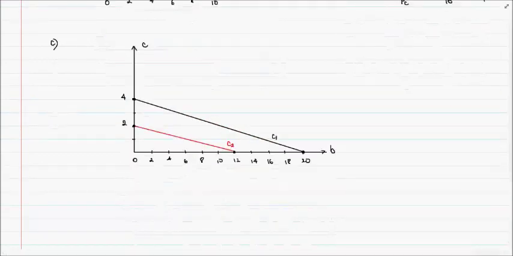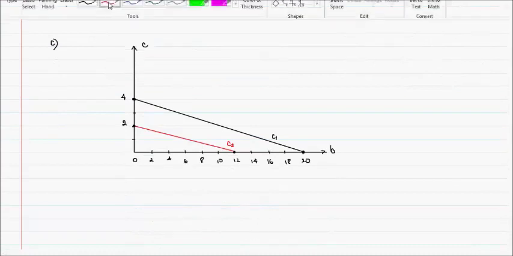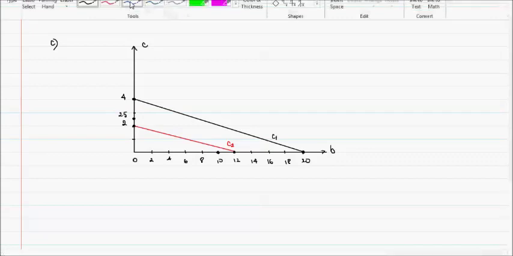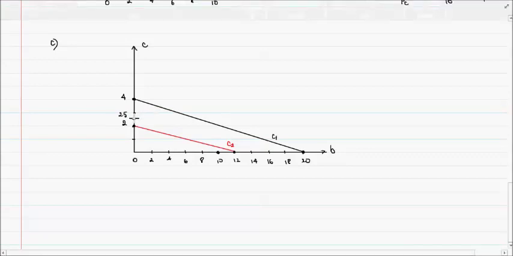So 2.5 is here and 10 is here. Again, if I connect these 2 points together by a straight line, I'll get something like this. So this is my C3.